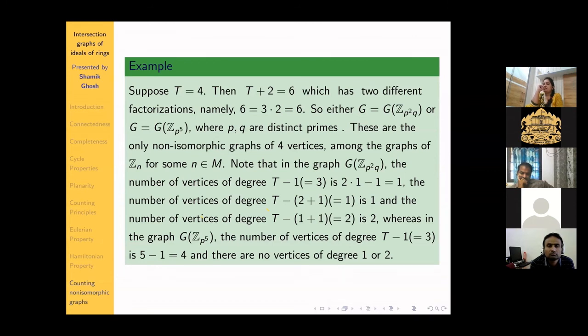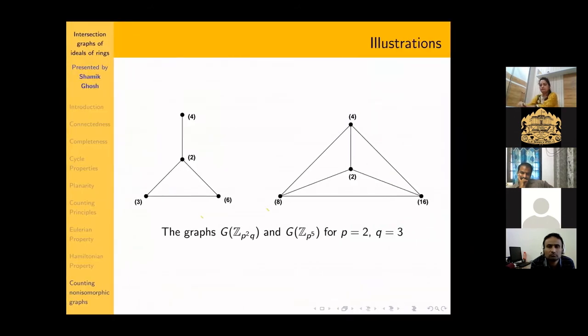There is a vertex of degree 1, 1 vertex of degree 3, and 2 vertices of degree 2. So certainly these 2 graphs are non-isomorphic. And these are the only non-isomorphic graphs of 4 vertices among the intersection graphs of ideals of Zn. These are these two graphs of Z p square q and Z p to the power 5.